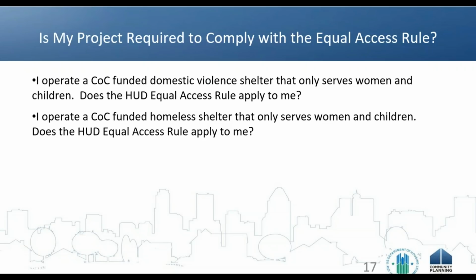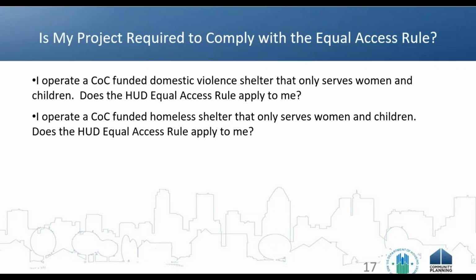Any male child over the age of 13 had to leave the project or the household lost their slot. That's a violation of several rules. Involuntary family separation in HUD shelters is not permitted by the interim rule, and discriminating against a household based on the gender of a child is also not permitted. If you're using those resources to fund the project, you cannot establish that kind of criteria.